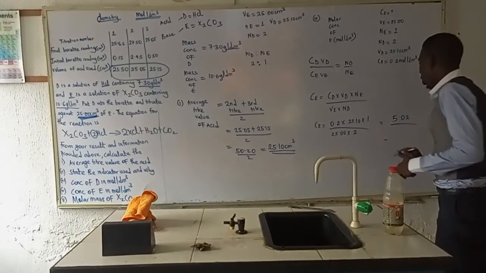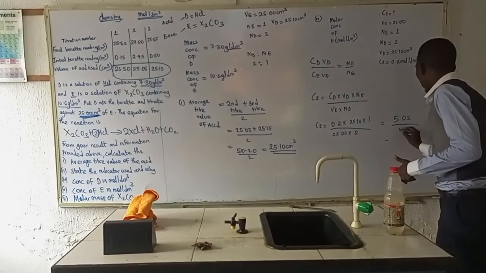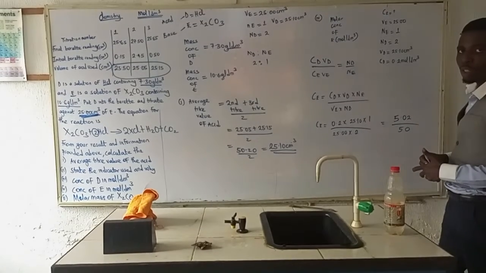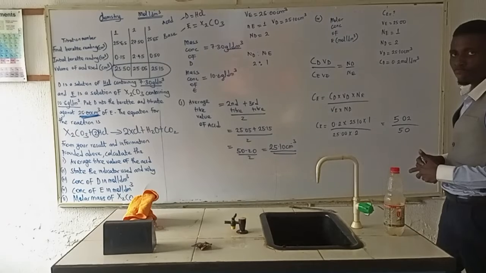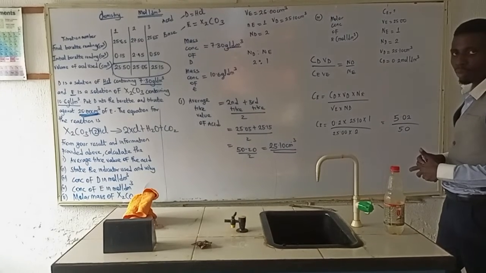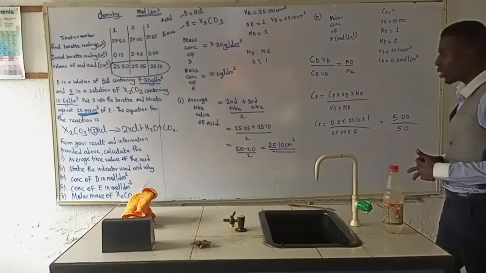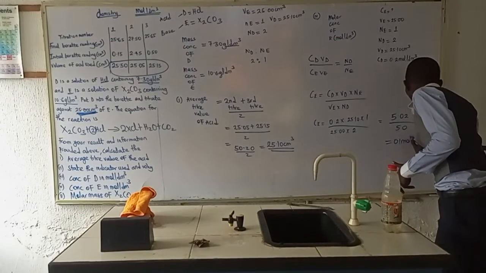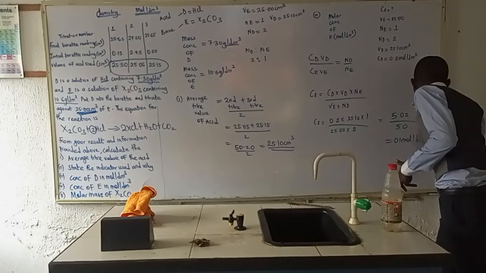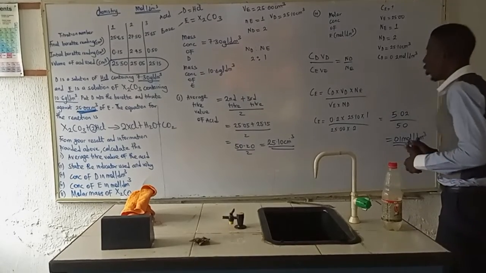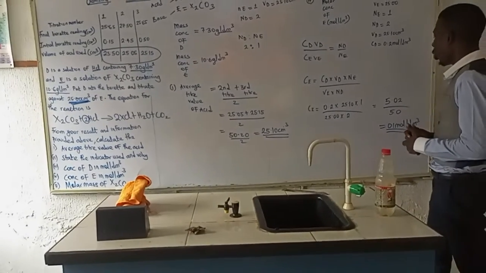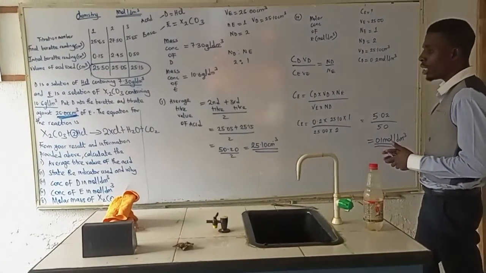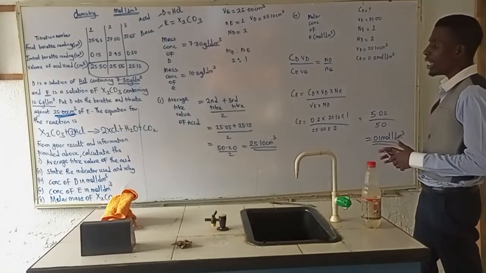While the lower side, 25 times 2 is what? 50. 5.02 divided by 50 is what? 0.1. So 0.1 mole per dm³. Therefore, the concentration of our base is 0.1 mole per dm³.